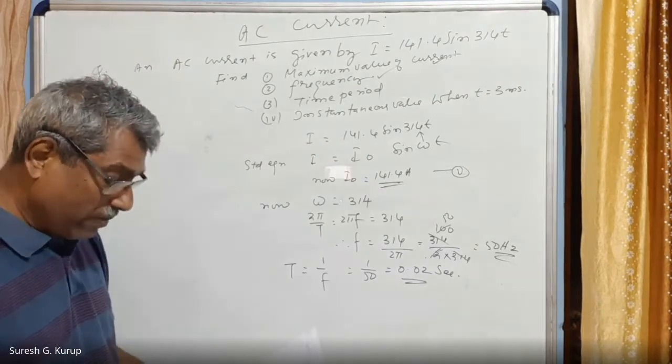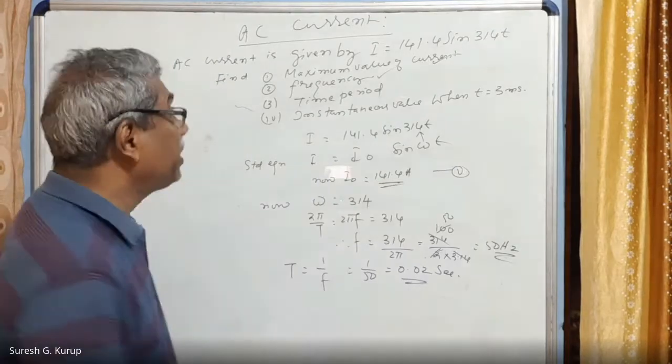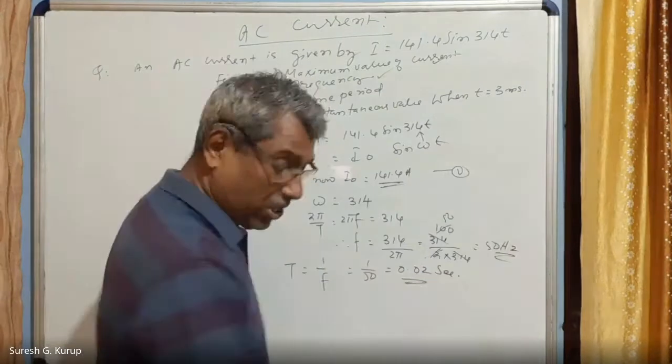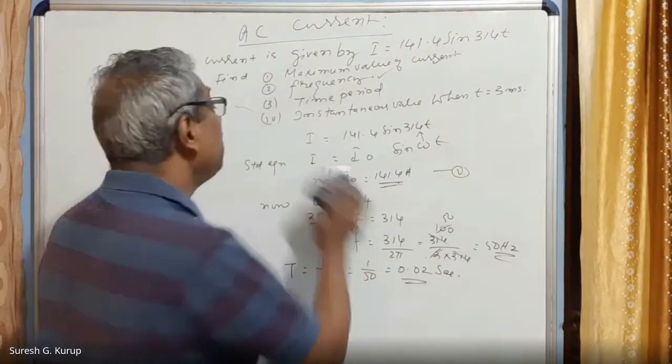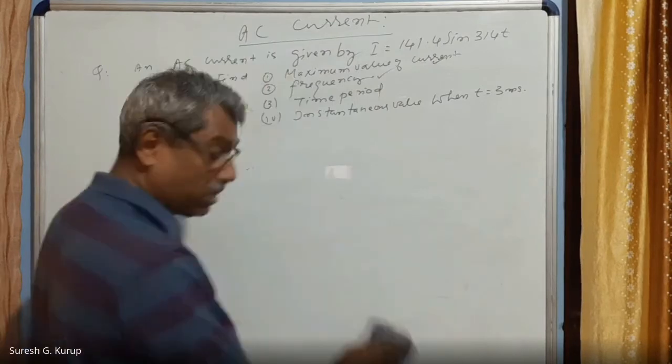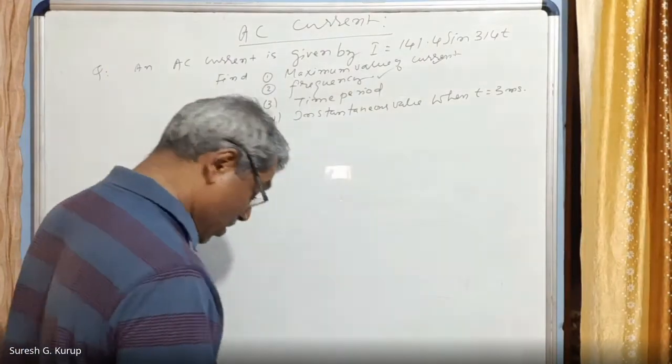The next one we have to speak of is the instantaneous value of current when t is equal to 3 milliseconds. I will do this third question; the fourth question I am doing now.